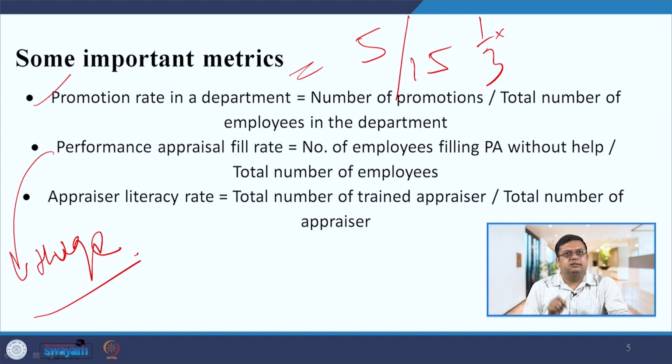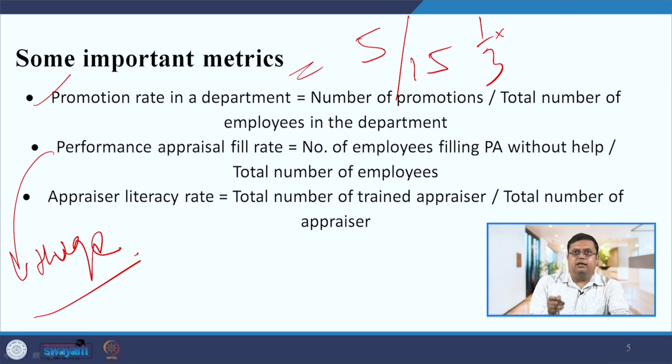This percentage, this rate will tell you how you have to educate, how many employees you have to educate, and which department you need to focus on more for awareness on how to fill up this form. You can calculate this rate department wise, right?